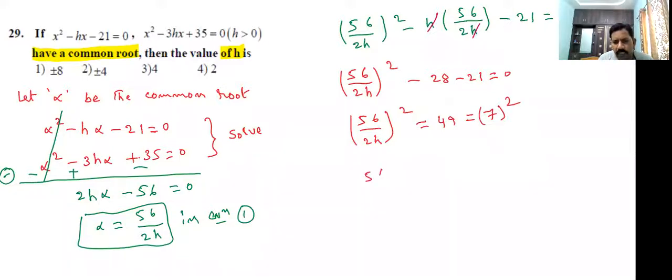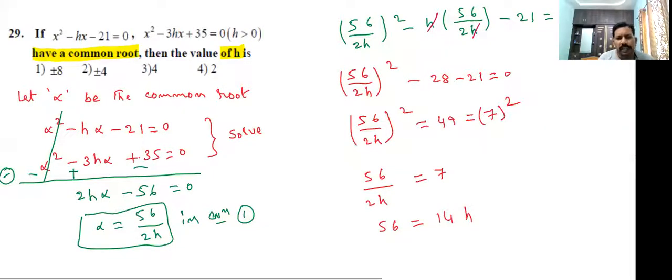Now 56 by 2h is equal to 7. Now 56 is equal to 14h. See the calculation here, 14 fours are 56.